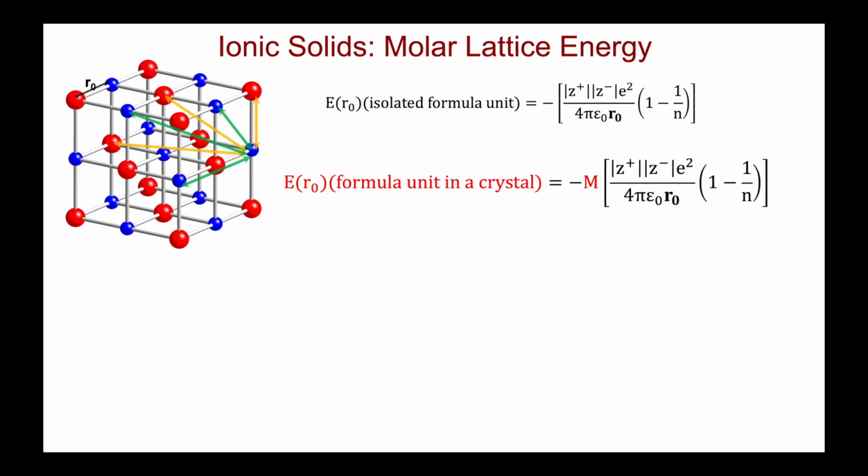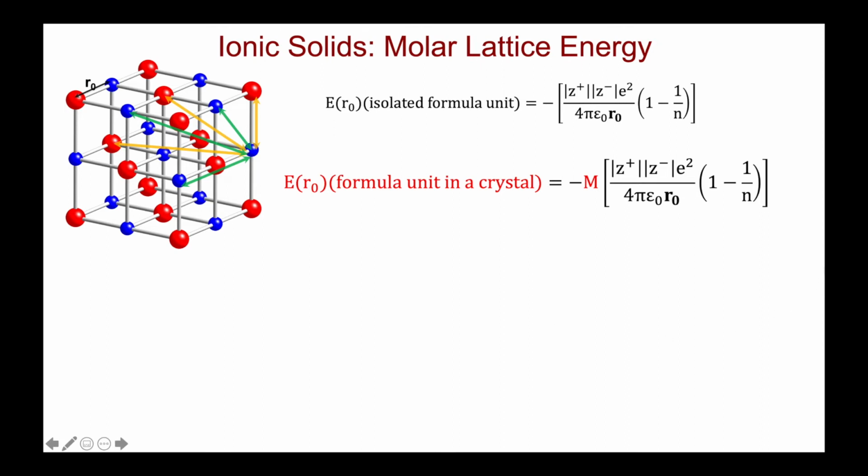Now let's look at the molar lattice energy of an ionic solid. We already have our formula for calculating the energy of an isolated formula unit. To calculate the energy of this formula unit in the crystal, we multiply it by M, the Madelung constant. And so this is a little different to the neutral atom systems.